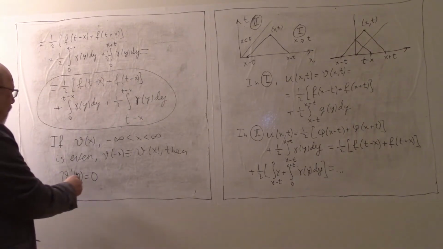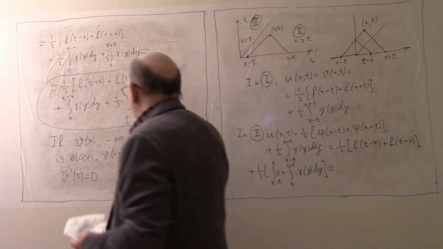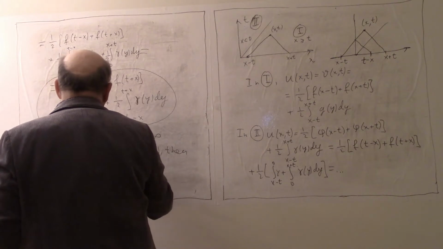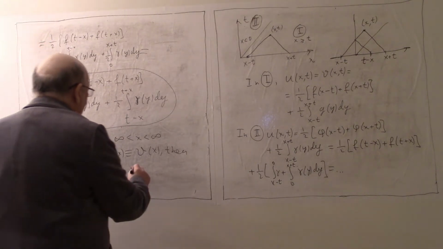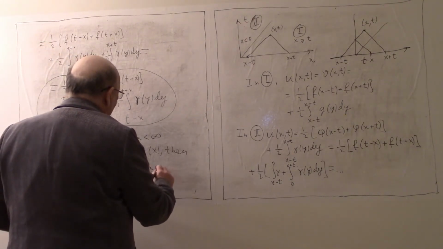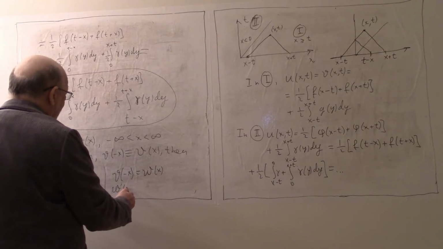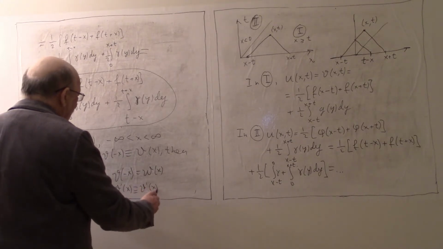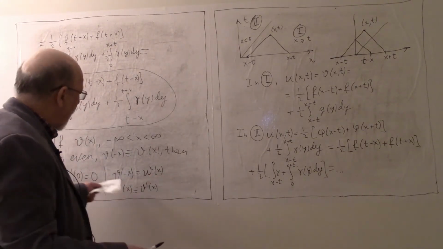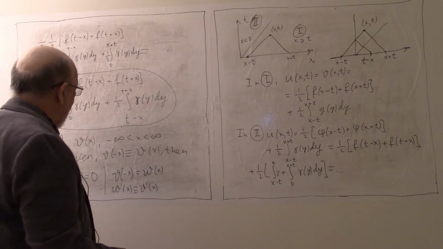Is it clear? No, why? Simply, if we consider the function v of minus x equals w of x. On one hand, w prime of x is the same as v prime of x, yes, because it is an even function, so nothing changes. W of minus x equals w of x.